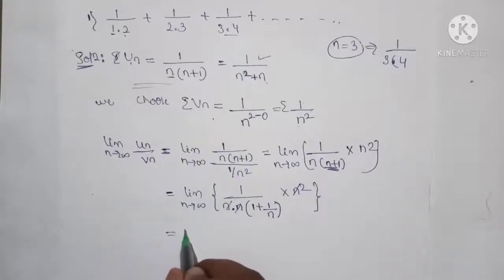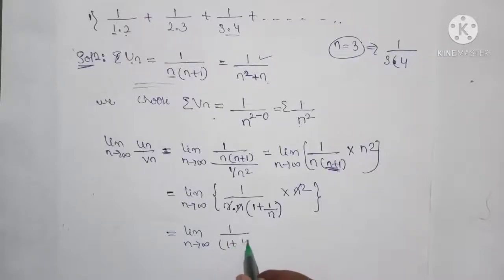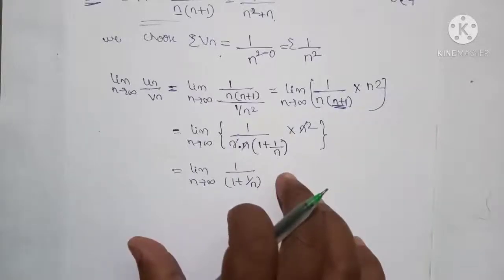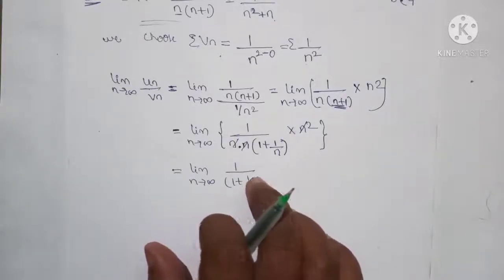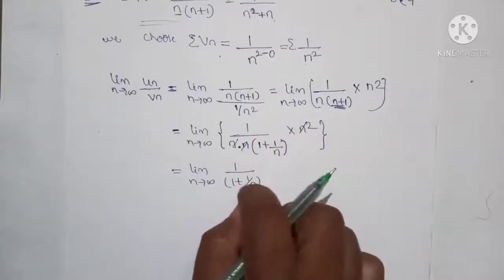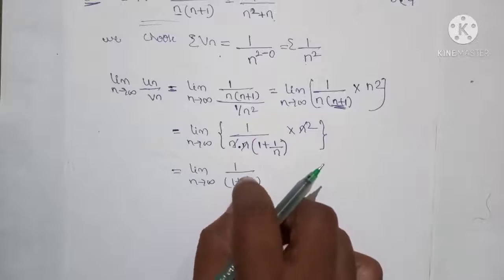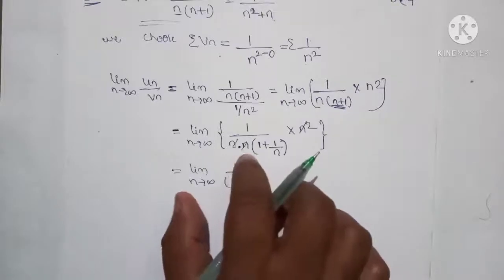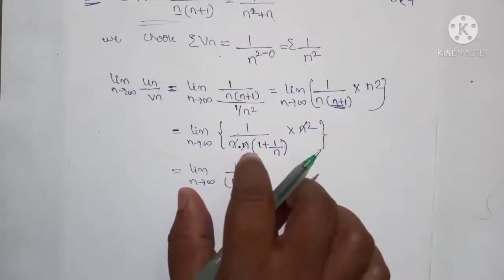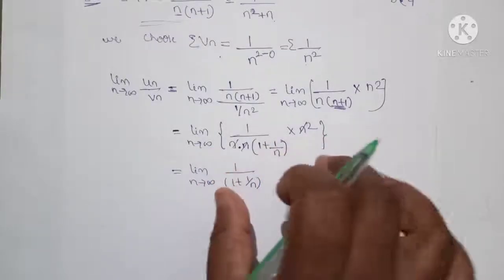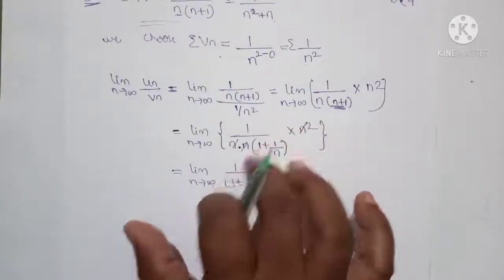So then we get the limit as n tends to infinity of 1 divided by 1 plus 1 divided by n. Like this, in all problems you have to cancel these n's. You have to represent n such that it is 1 divided by n, and 1 divided by n means 1 divided by infinity, which will be 0. Wherever you get n terms, you have to cancel. So don't go for direct substitution; cancel the n terms first, or simplify the given terms, then apply the limit.